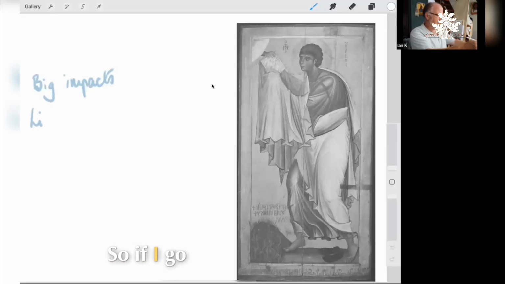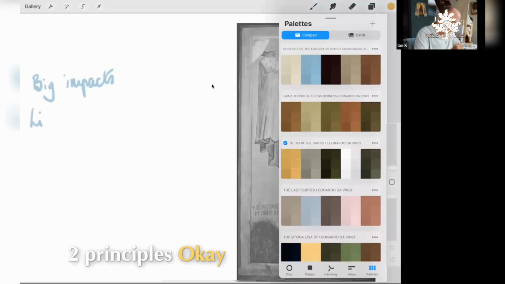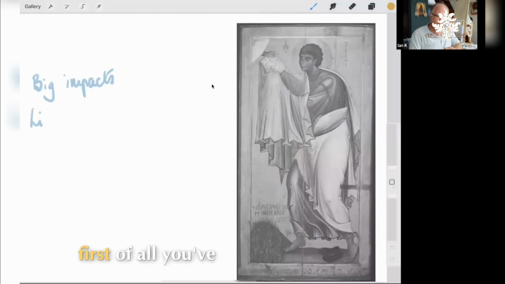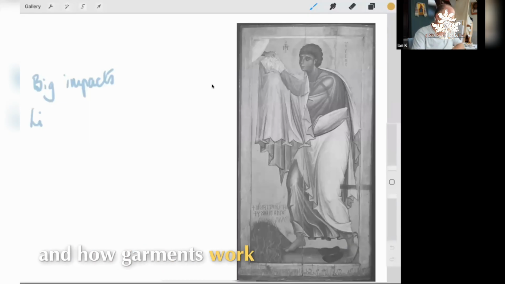So if I go back to these two principles, I use yellow. First of all, you've got the analysis based on legs, posture, and how garments work. For that, you've got a hand here and a hand here, so you've got to have the folds of the cloth relate to those hands.